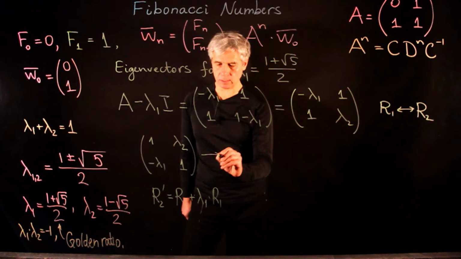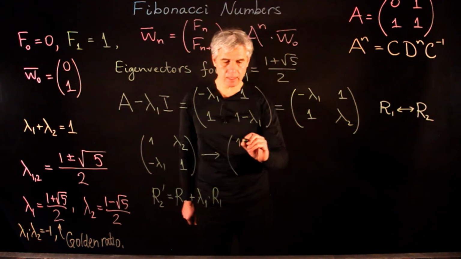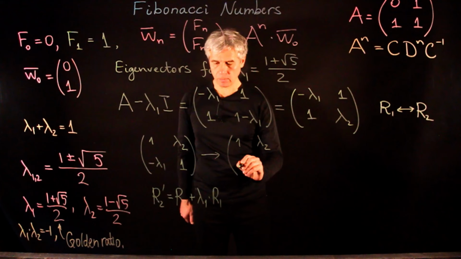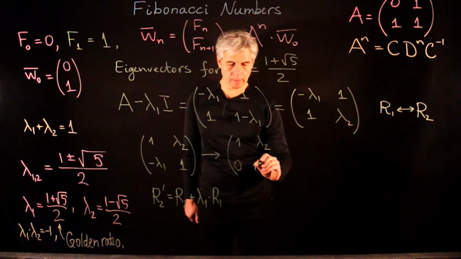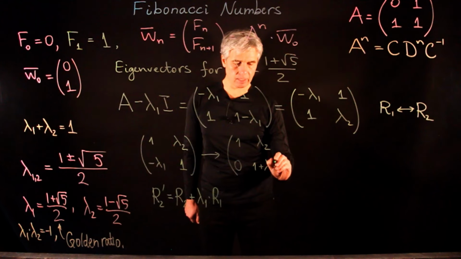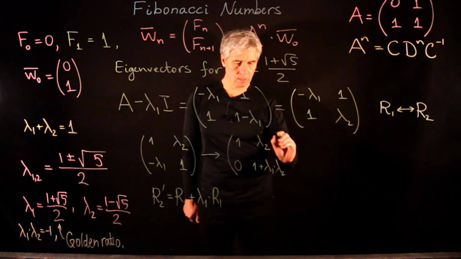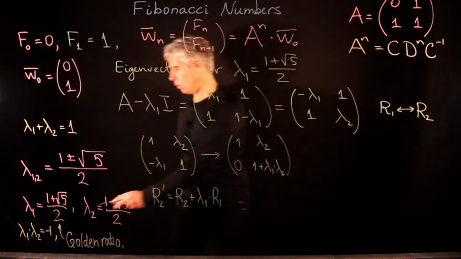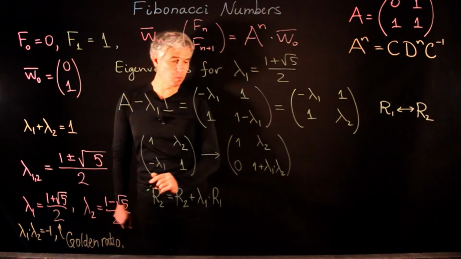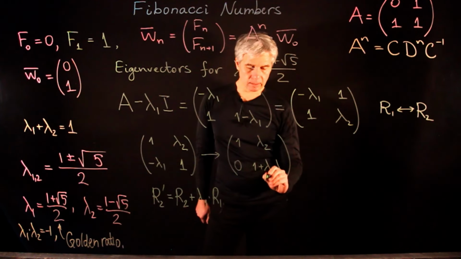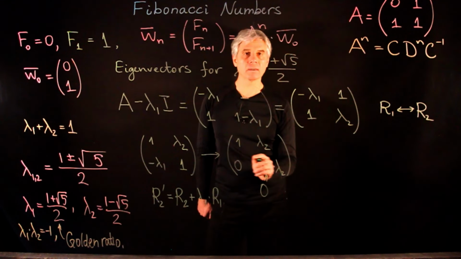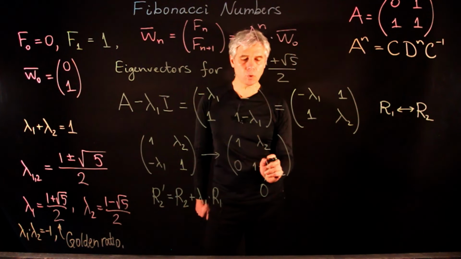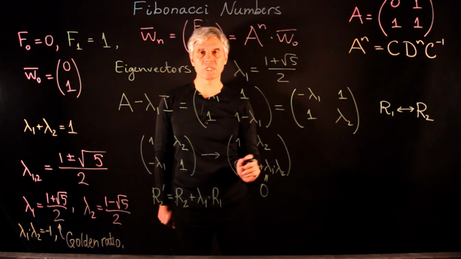This gives us the new matrix 1, lambda 2, 0, and here we get 1 plus lambda 1 times lambda 2. But lambda 1 times lambda 2 is equal to negative 1, and so this is going to be 0. And as predicted, we get the reduced form, which has a row of zeros.